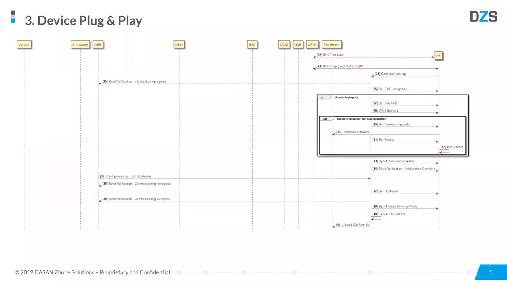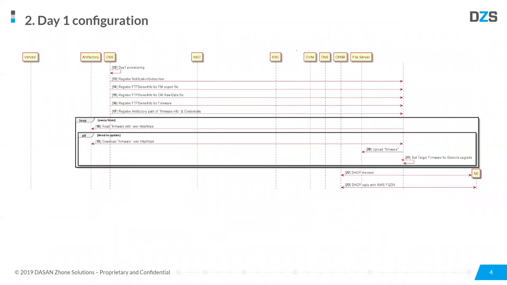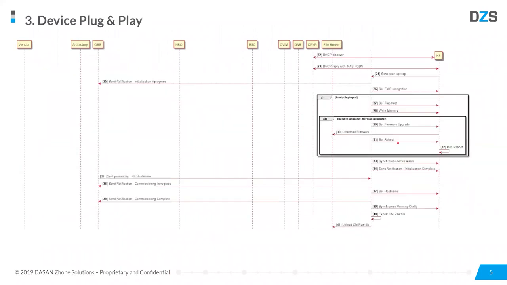To make it persistent, we write memory in the flow switch. Then we will check the necessity of the upgrade. If the version is a match with the target firmware from the previous step, the firmware upgrade is not necessary.